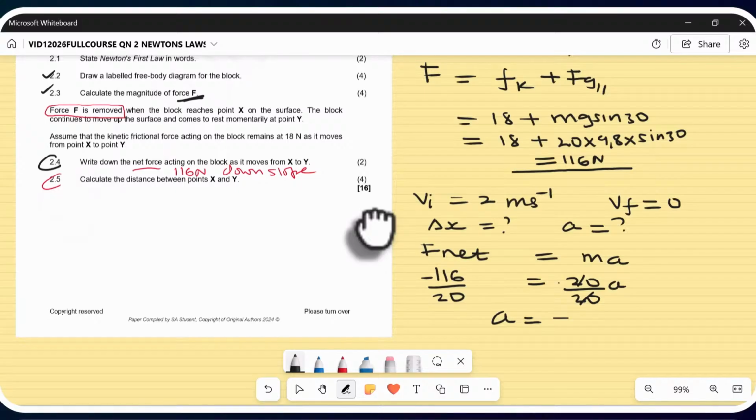We know that if you remember, we can use V final squared equals V initial squared plus 2a change in x.